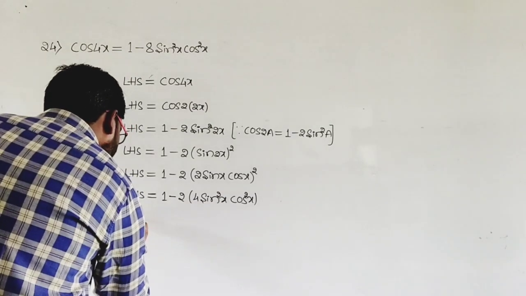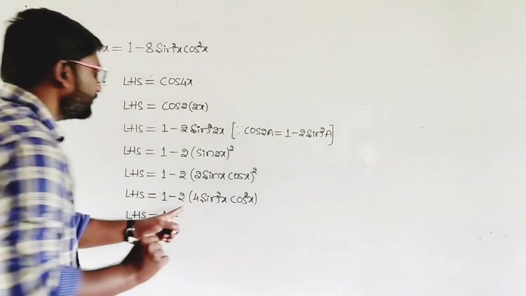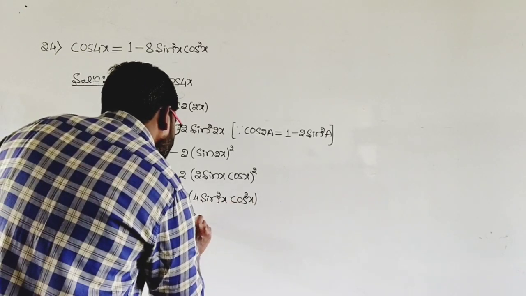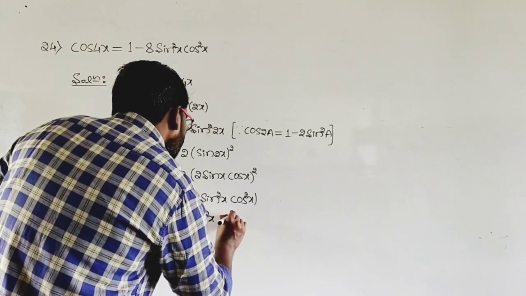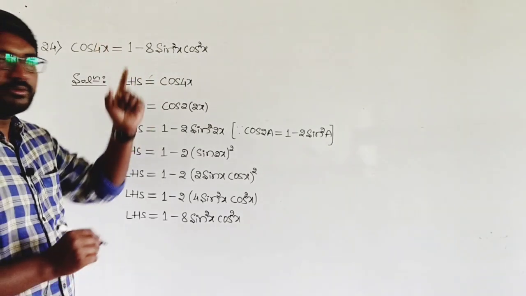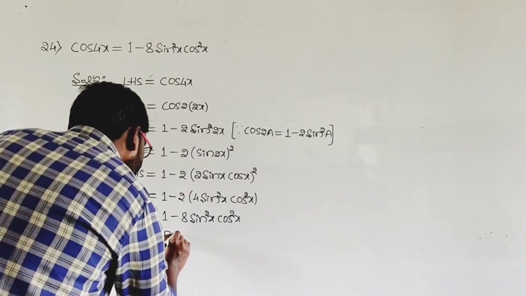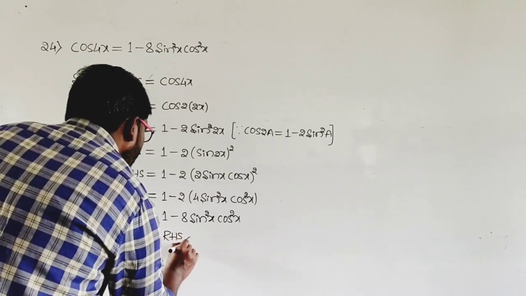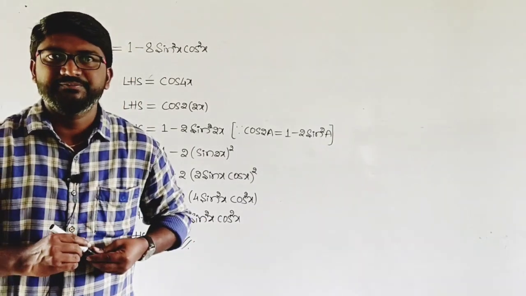So LHS equals 1 minus 2 into 4, it is 8. These two must be written as it is, sin square x into cos square x. Check the RHS now: 1 minus 8 sin square x into cos square x. So this is the required RHS. Here we have proved that LHS equals the RHS. So we have completed the 24th problem.